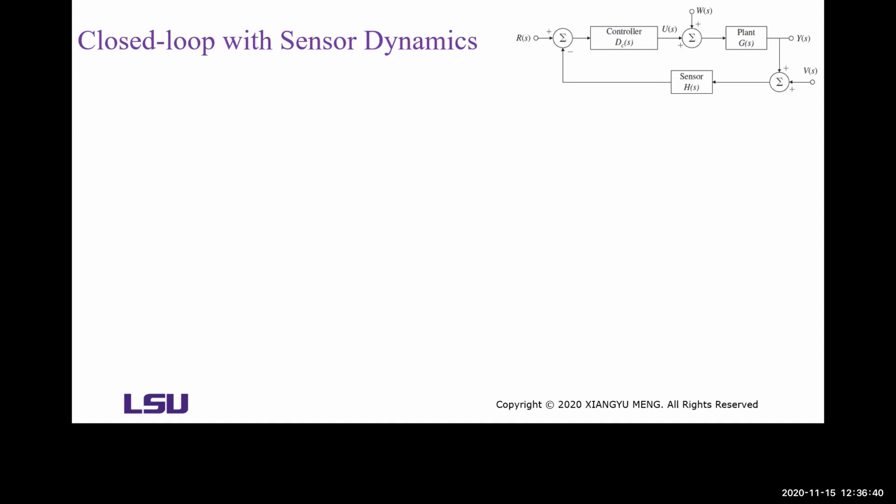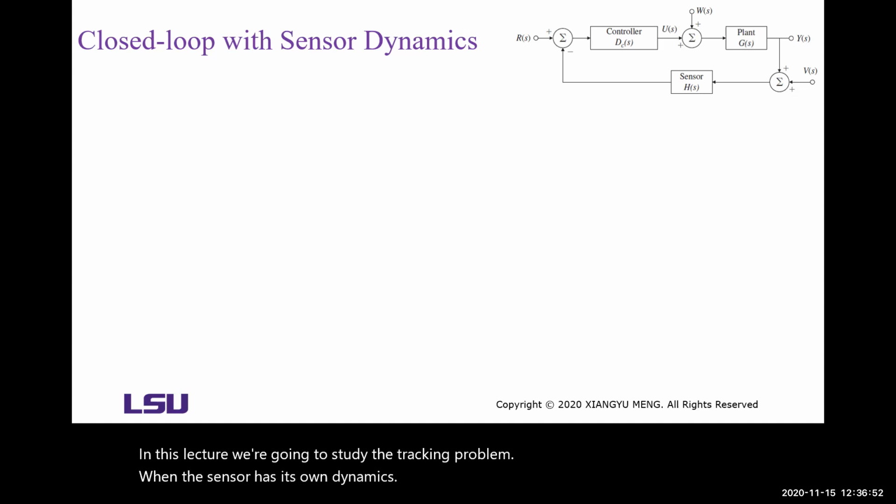In this lecture, we are going to study the tracking problem when the sensor has its own dynamics. It depends on the type of dynamics of the sensor. If the sensor is just a gain, then we can transform the non-unity feedback into the unity feedback.